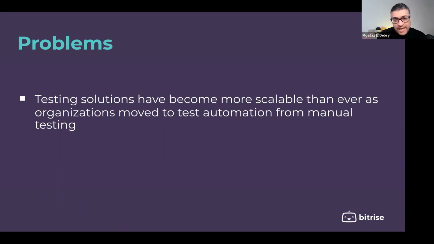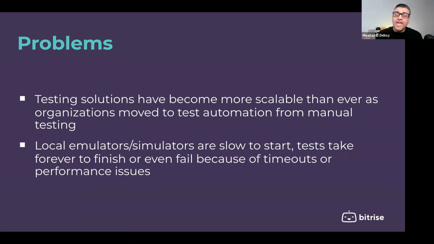The application has now become more scalable, and we are mainly using test automation. But we still have a problem when scaling, because we are usually running the test cases sequentially, which is time consuming for our team. The other problem is that local emulators and simulators are slow to start.